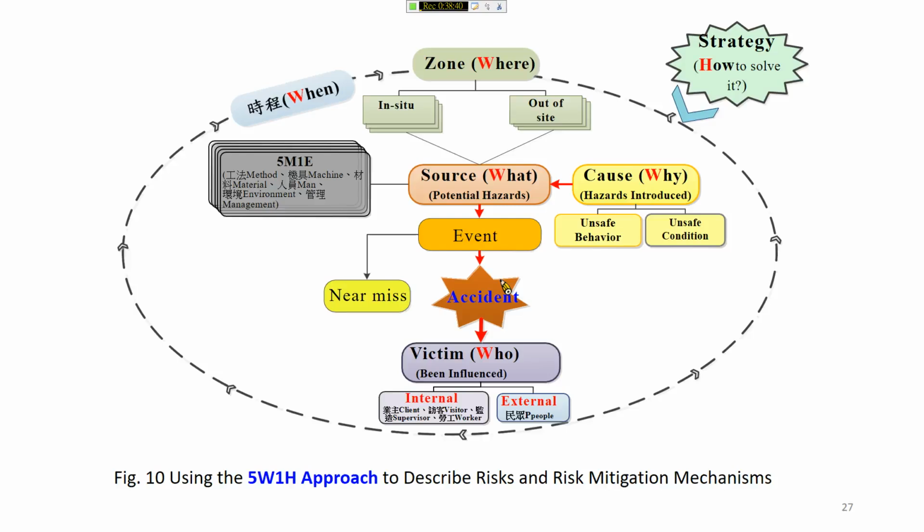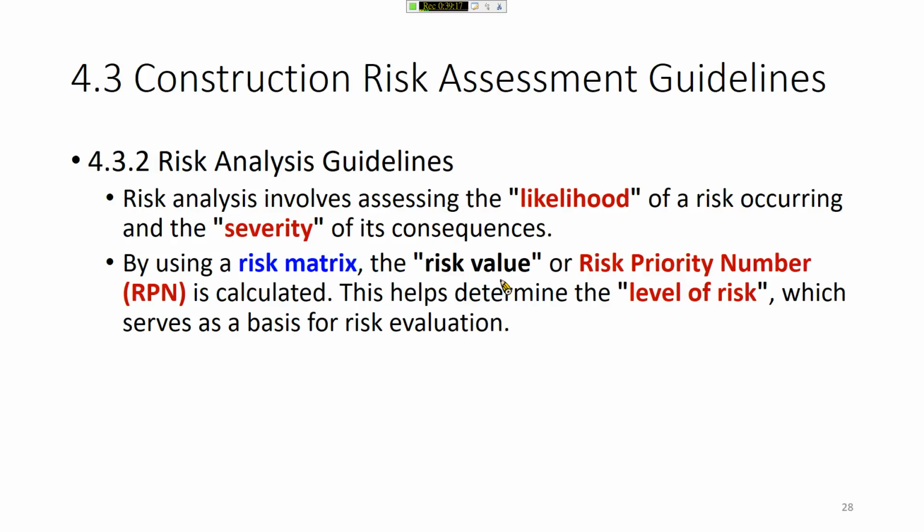In situ or out of sight? So the source, the where, and when. If you know the source and the where, you can plan how to prevent this hazard. And what if the hazard becomes an accident? It will cause who to be a victim. So that you can prepare your hazard identification.